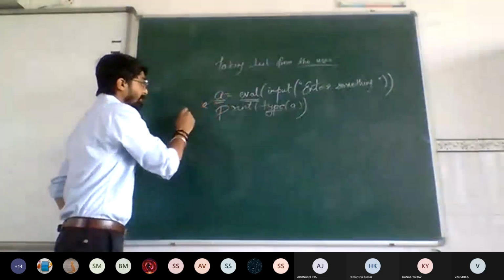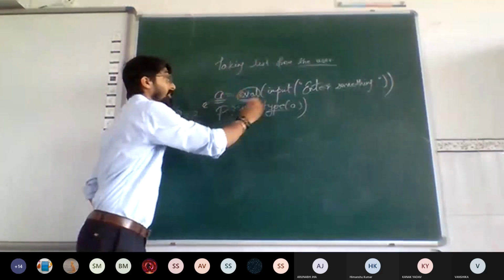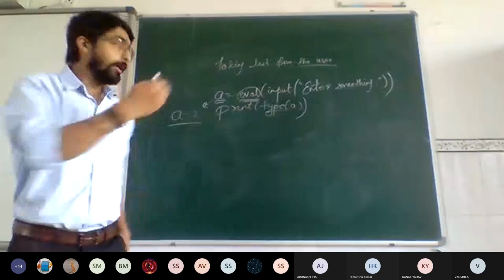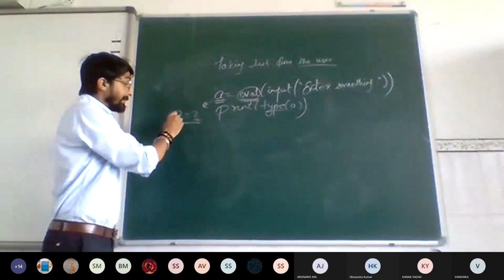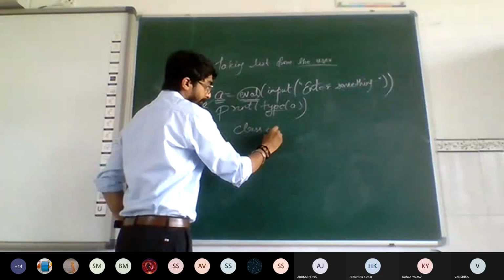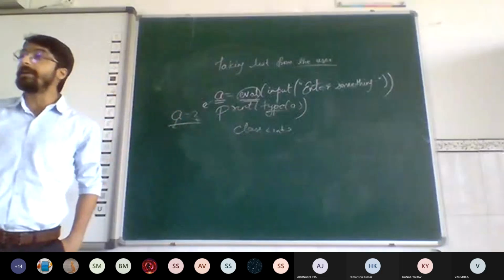Now if you enter the value of A as 2, this eval function will help in automatically converting the variable into a different form. So if we have inputted the value as 2, the output will be class int. That is, now the variable A is of integer type.